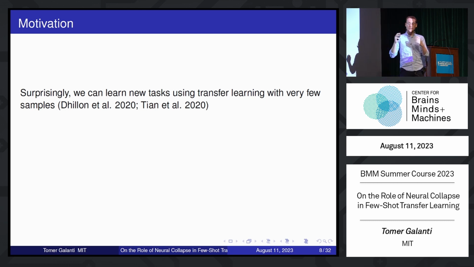Okay, so if I use transfer learning, I pre-train a model on all of my classes, and then I take the pre-trained model and train a linear classifier on top of it on the available data from a new task with very few samples, then it generalizes well. It performs well on new samples, even though we did not condition the pre-trained model, the frozen part, to be able to solve these kinds of tasks. So I think this is very surprising.